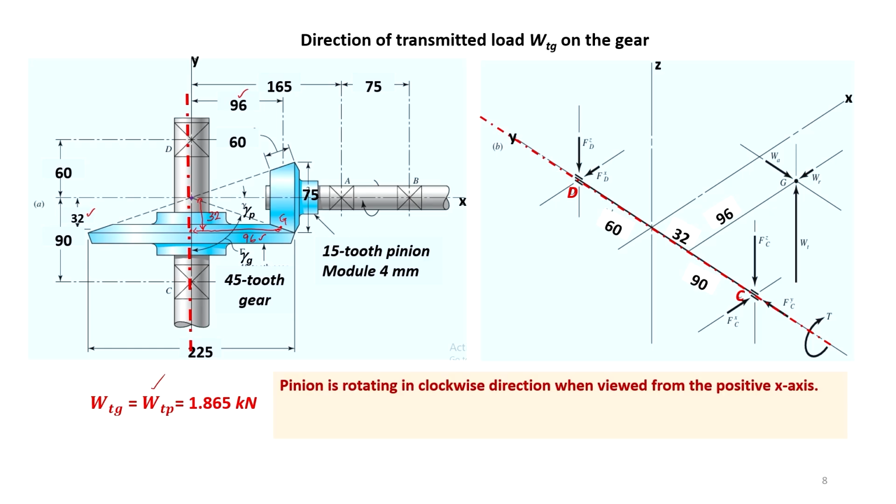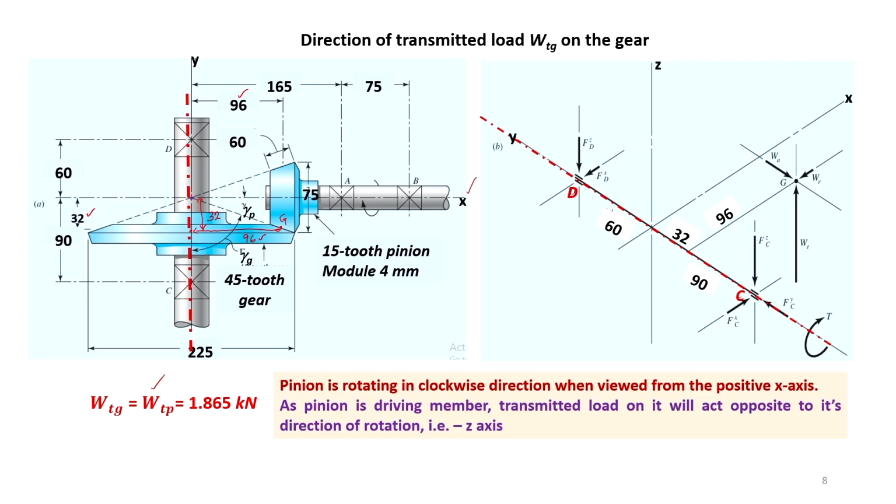Now, the pinion is rotating in a clockwise direction when viewed from the positive x-axis. As the pinion is the driving member, the transmitted force on this pinion will act in the direction opposite to its direction of rotation.